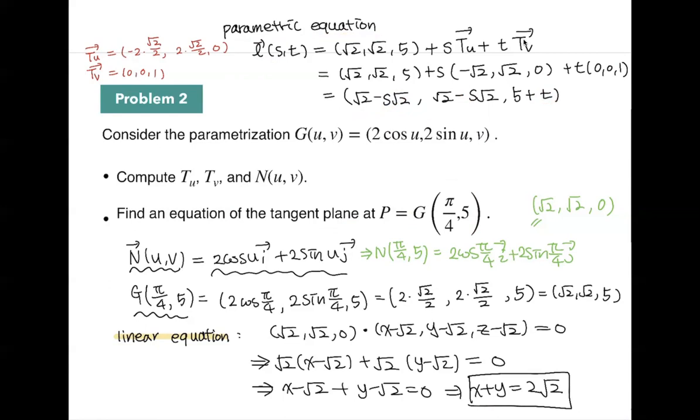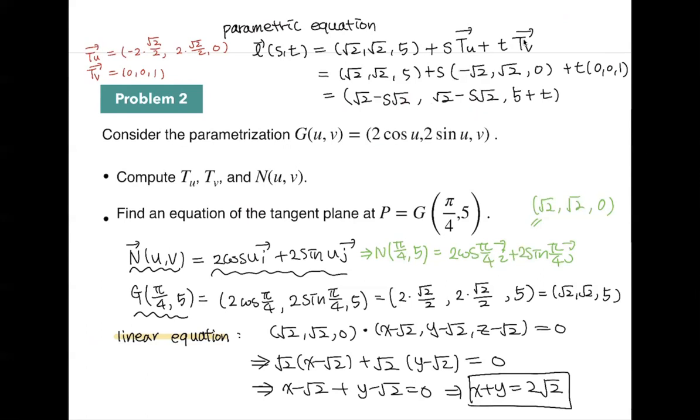As you can see, if you calculate x plus y, it'll be 2 times root 2, right? This is the same equation as here.